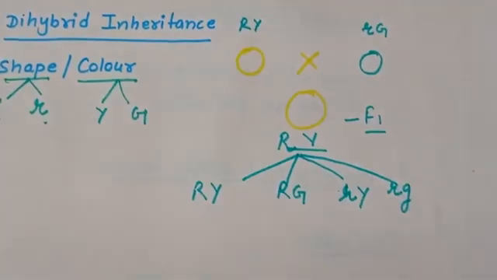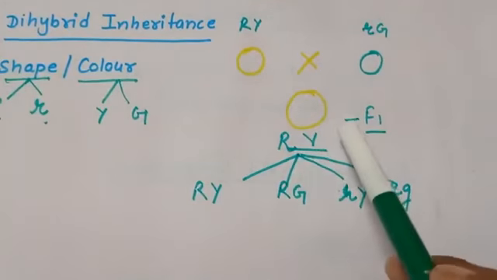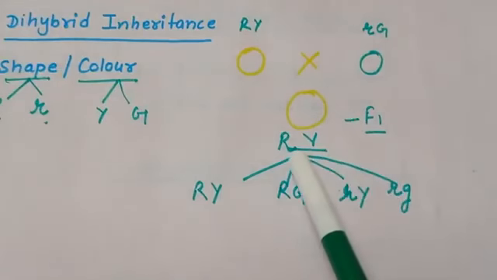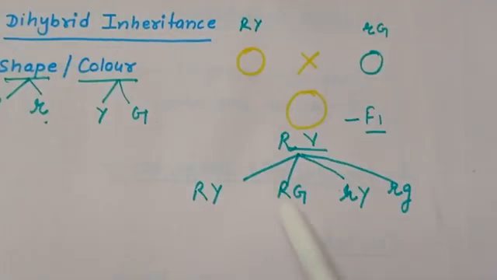So here we obtained that when the first generation crossed with itself, there are possibilities that four different kinds of organisms can form in the second generation.